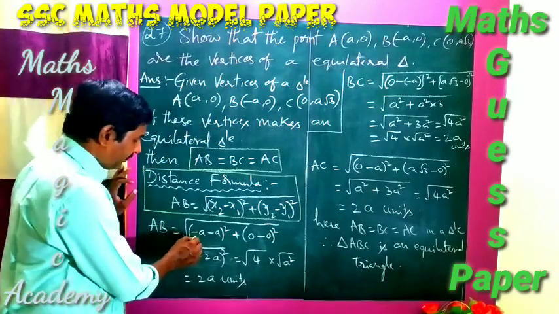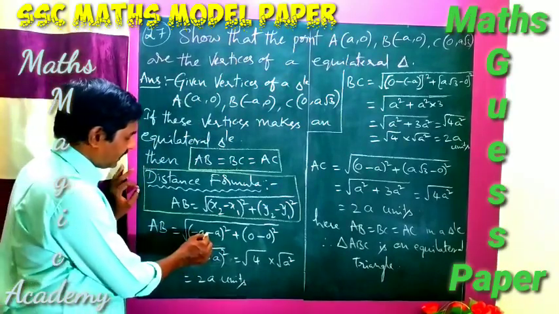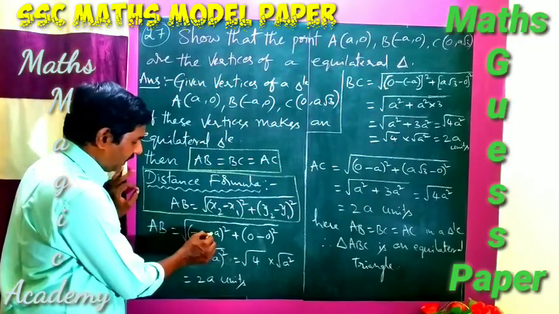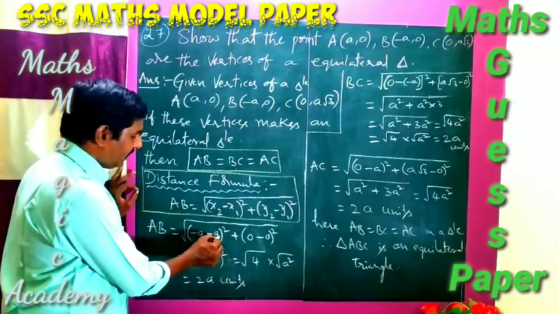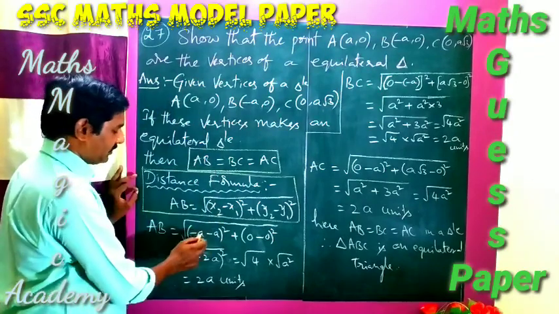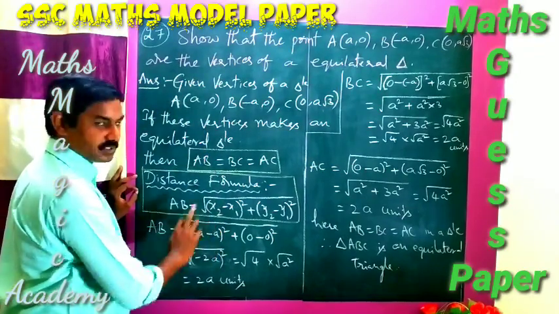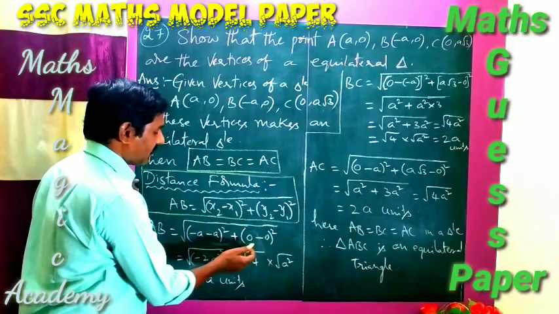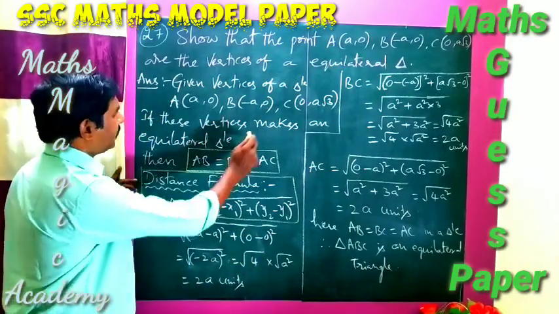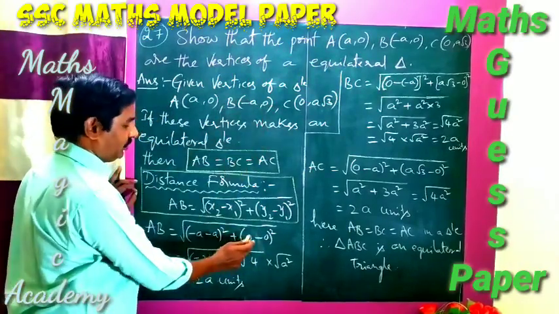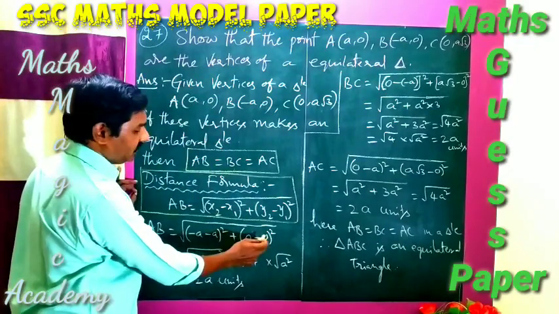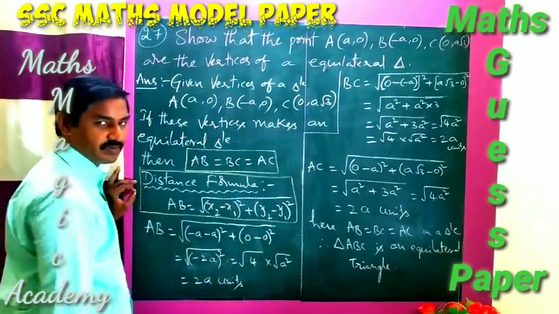So I am writing minus a for x2, and minus will be there in the formula, minus x1. What is x1? a. That means minus a minus a, whole square, plus y2 minus y1. What is y2? Here 0. 0 minus, here y1 is also 0. So 0 minus 0 whole square.